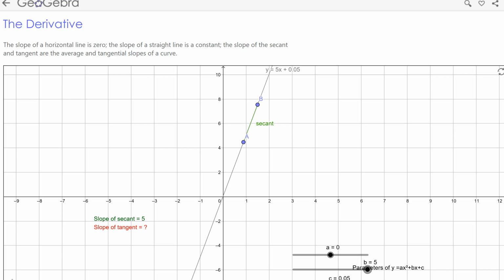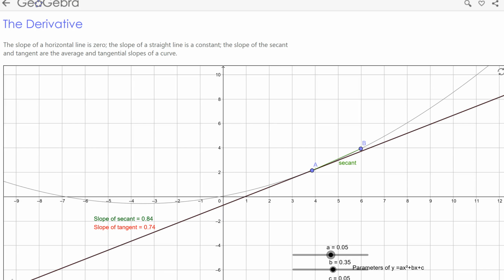If we look at the equation of our straight line just here, it's y equals 5x plus 0.05. We know that that means that the slope of the straight line is 5 and the y-intercept is 0.05. So the slope of the secant is also 5. But again, it doesn't make any sense to talk about the slope of the tangent.